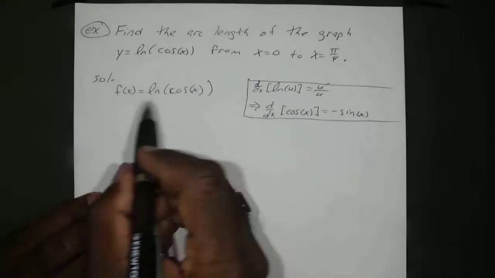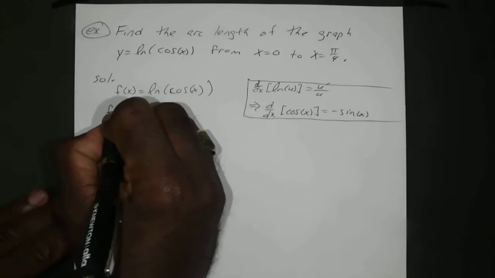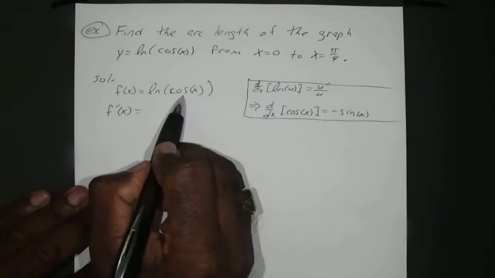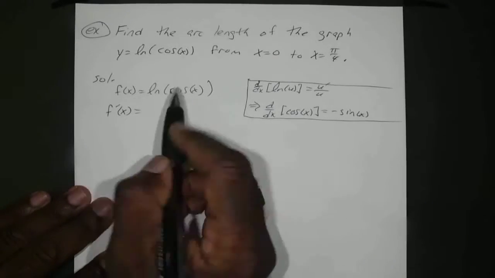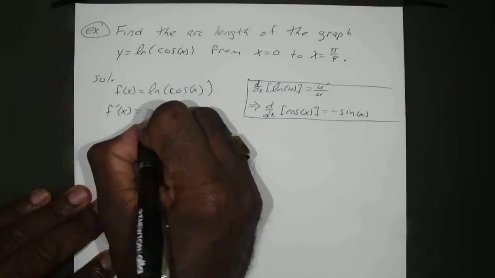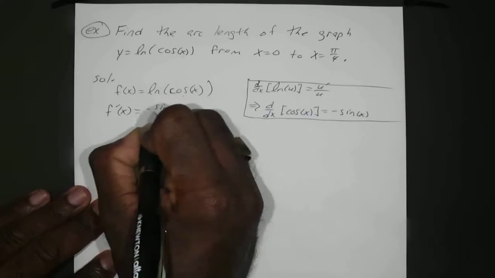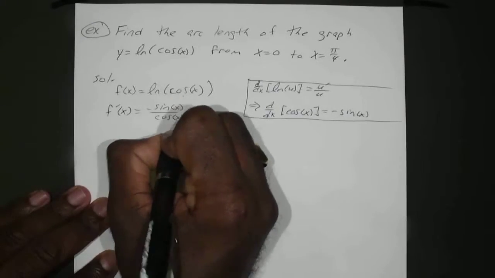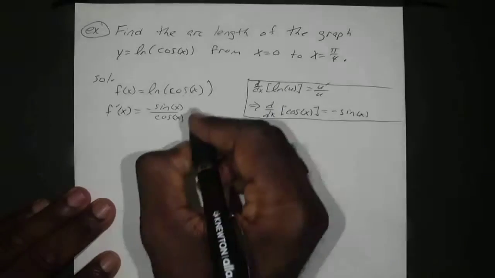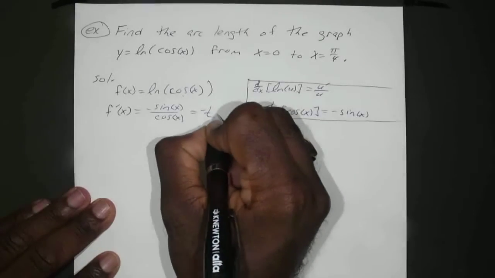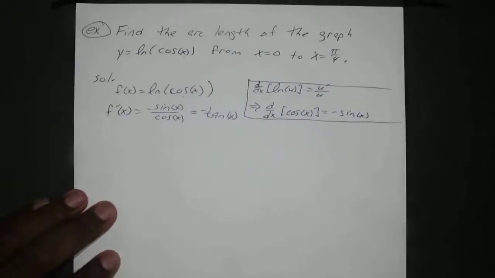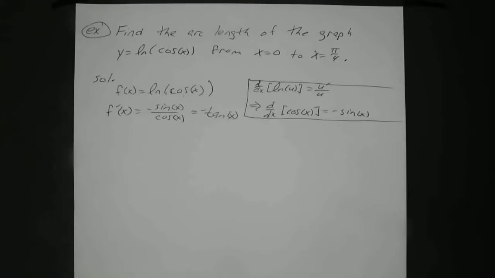So that means your f prime of x, which is, this is your u, so u prime over u would just be negative sine of x over cosine of x, which is negative tangent x. Sometimes you have to dig back into those old derivative formulas.